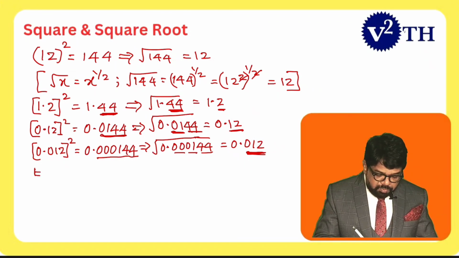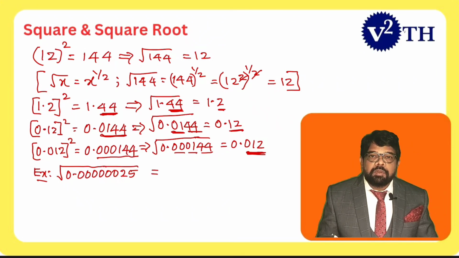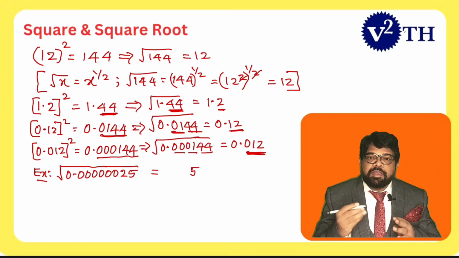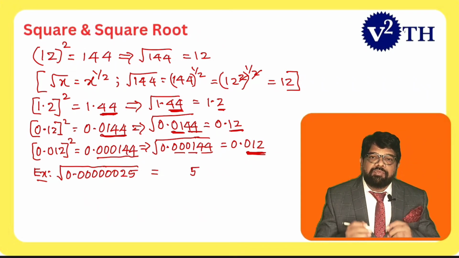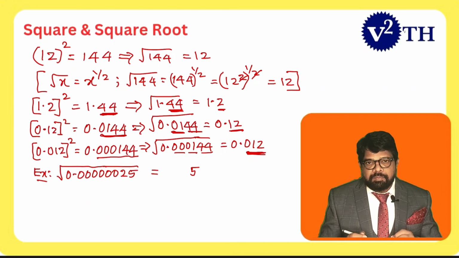Suppose let it be one example. So square root of 0.00000025 is there. So what is the value of this one? So root 25, you have to write first 5. Inner value can be written as 5 square. First you have to write 5. Then you have to think about decimal, where you place the decimal.